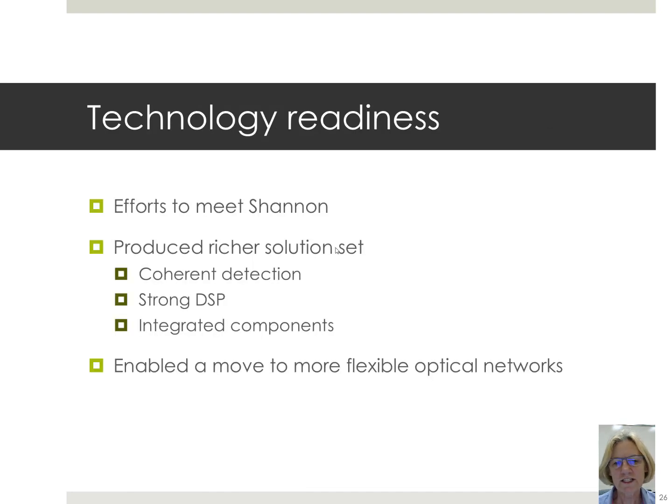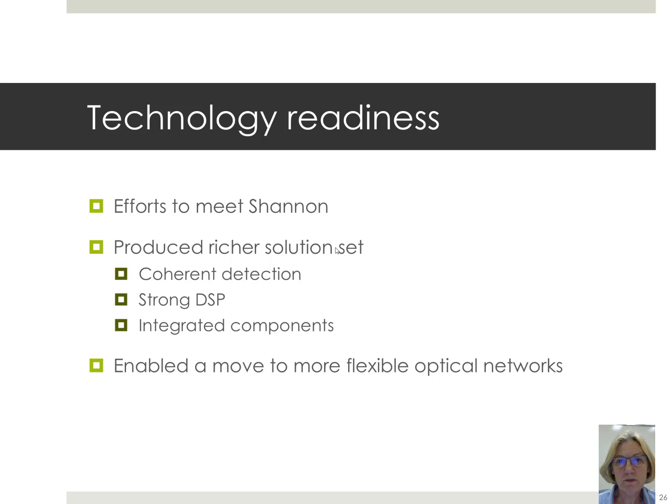So I want to finish this section talking about technology readiness. Why did I take you through how we push to meet the Shannon limit? Because the efforts to meet the Shannon limit produced a much richer solution set for what we can do to manipulate our signals. So we now have coherent detection, and we're driving down the cost of coherent detection by having receivers and modulators whose cost is coming down.